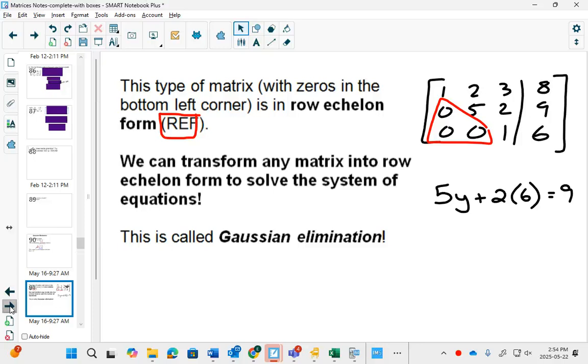Now, we can transform any matrix into row echelon form with a method kind of like elimination, but it's cleaner than what we did with our equations before. Because in our equations before, you could always get rid of one of the variables with the elimination, and then it would be gone, and you would sort of be getting a 0 there.